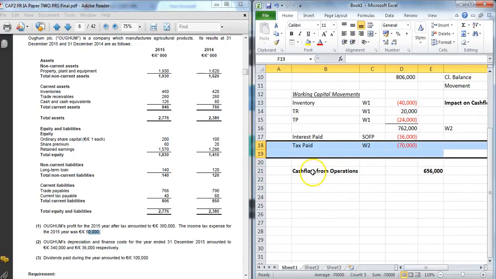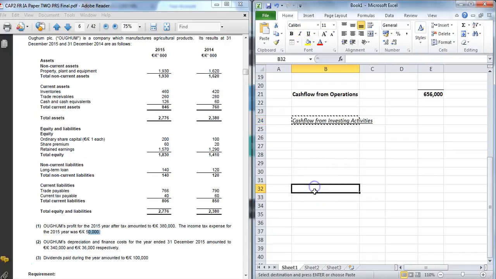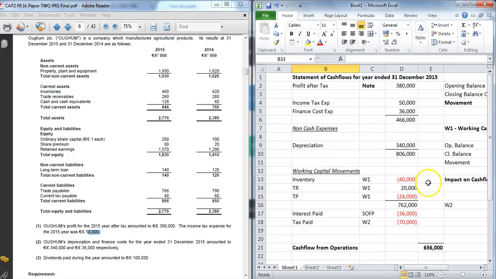So we've now finished cash flow from operations, which is 656. You will also have a cash flow from investing activities. And you will have, when I just leave another space, cash flow from financing. So I typically tell students start off and do the operations down, because that's a typical standard approach.